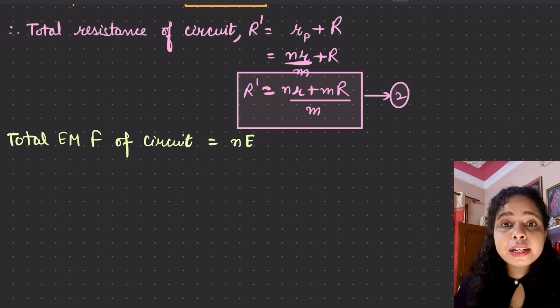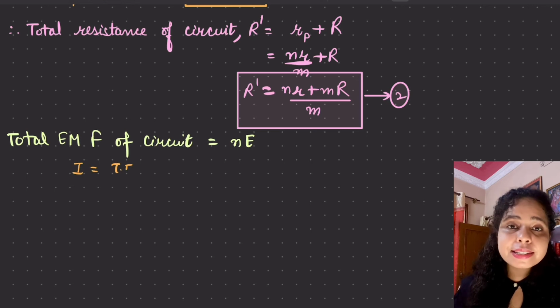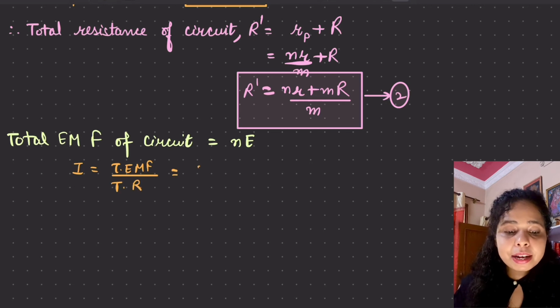Therefore the total EMF of the circuit is equal to nE in this case, which is our third equation. Now again we have to put this value in the relation I is equal to total EMF of the circuit divided by total resistance of the circuit. Therefore, we have I is equal to nE divided by (m into capital R plus n into small r) divided by small m.